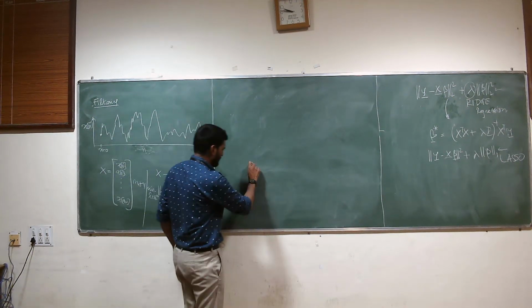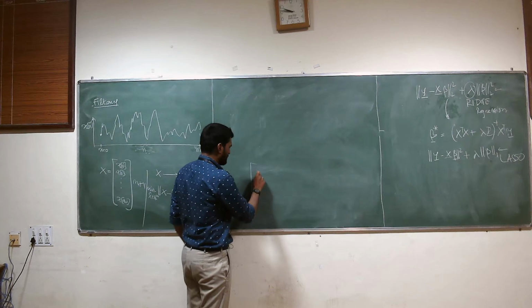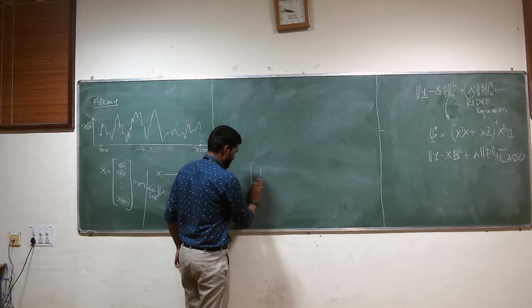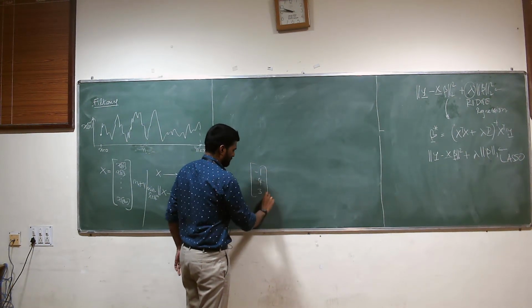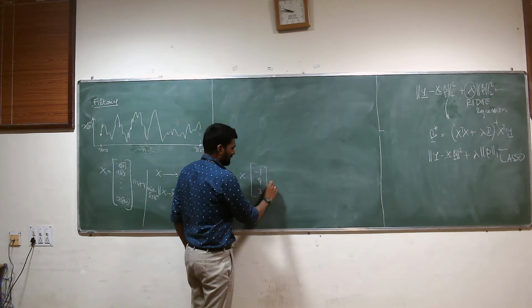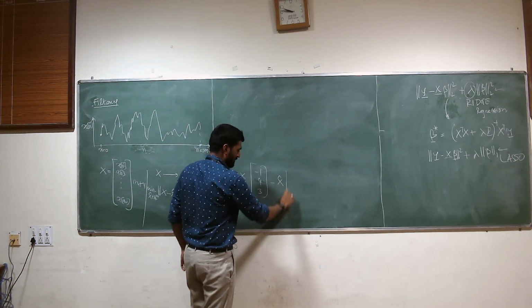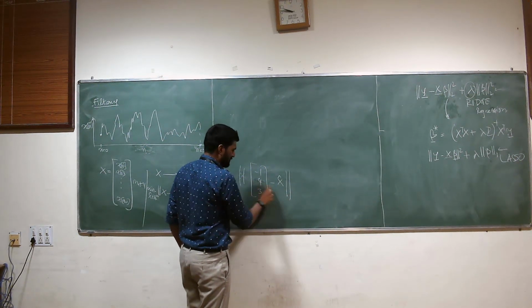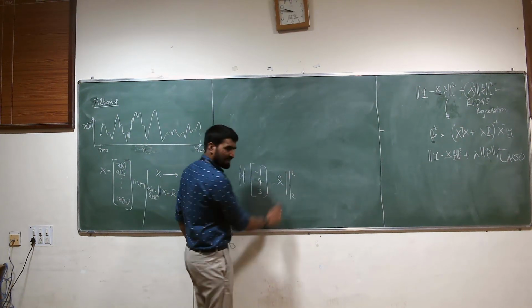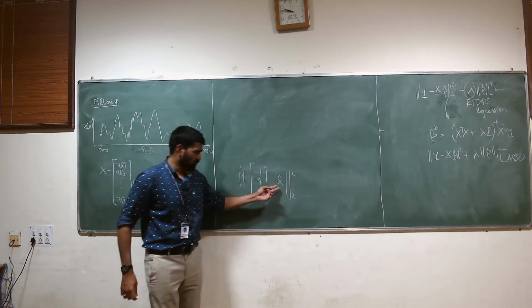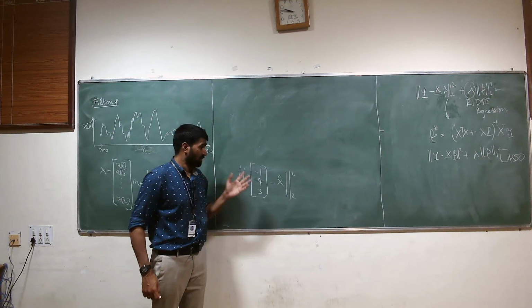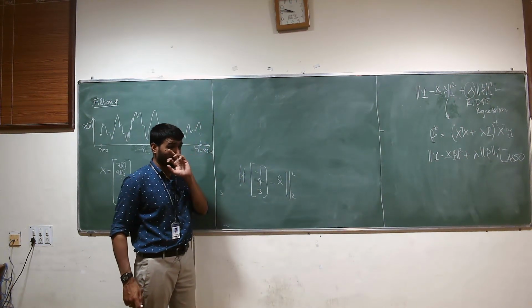Well, let's do an example. Let's say the signal has 3 points. This is your x. We want to choose an x cap such that the difference between this vector and this vector is minimized. So what would I choose for x cap? If I solve this problem, what should I get?